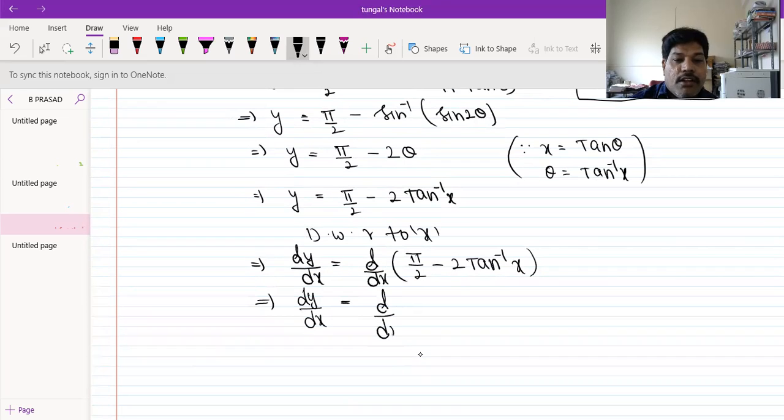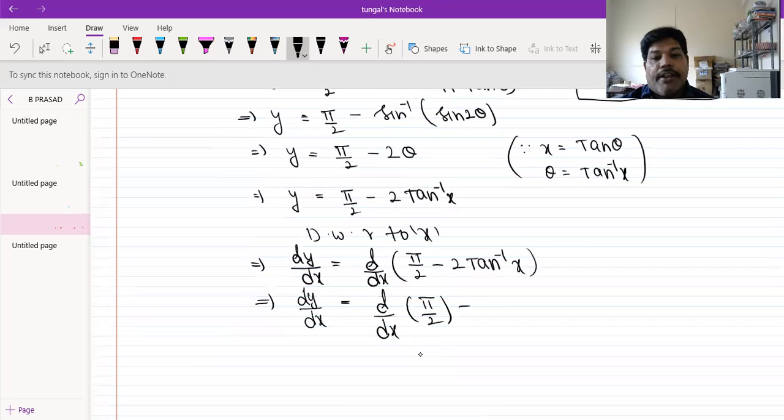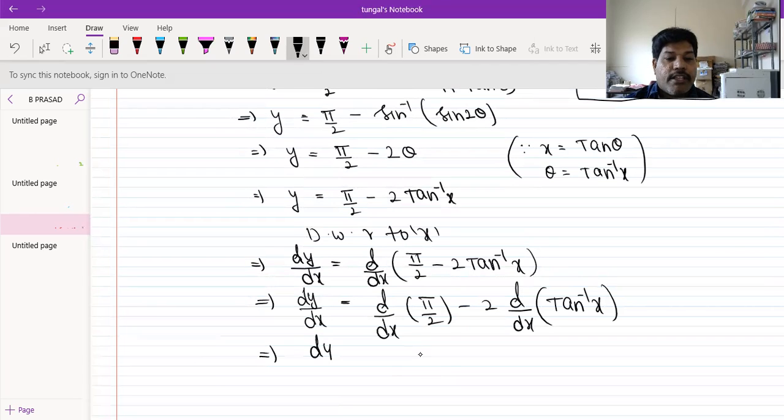We can write it as the derivative of pi by 2 minus 2 into the derivative of tan inverse x. So dy by dx is equal to the derivative of pi by 2, which is 0, minus 2 into the tan inverse x derivative. What is the tan inverse x derivative? It is 1 by 1 plus x square.